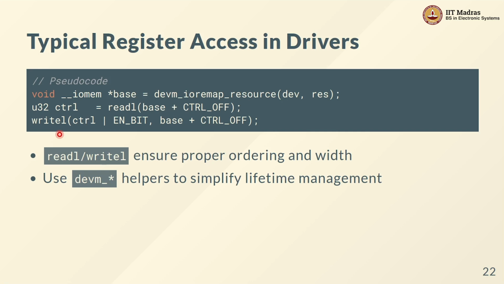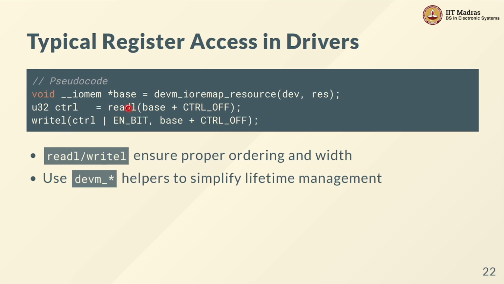The reason for that is that when you access memory directly using the star base, it can get compiled in a certain way, whereas using the functions readl and writel adds some extra functionality to ensure that even if you were not, for example, accessing all 32 bits or 64 bits, let's say you're accessing a set of sub-bytes, whatever is required to handle the appropriate ordering of data or the width of data that needs to be written or read, there will be a few extra checks handled by these functions.